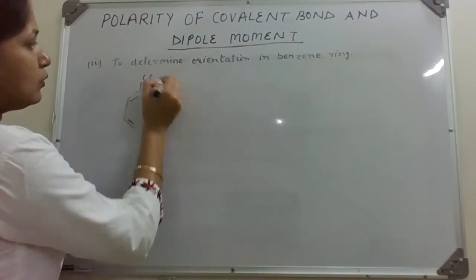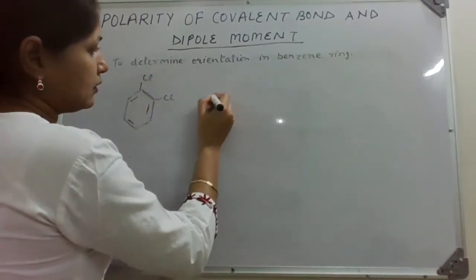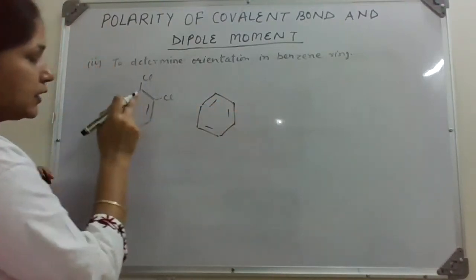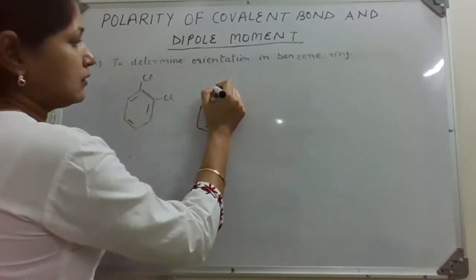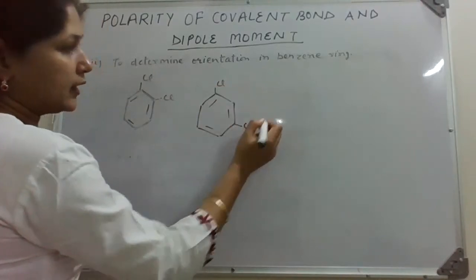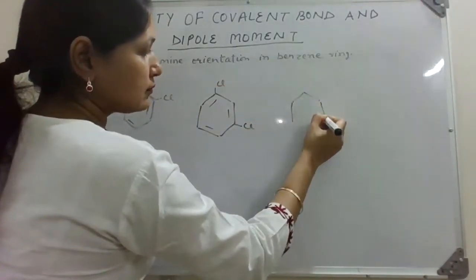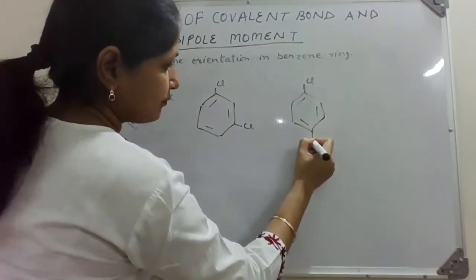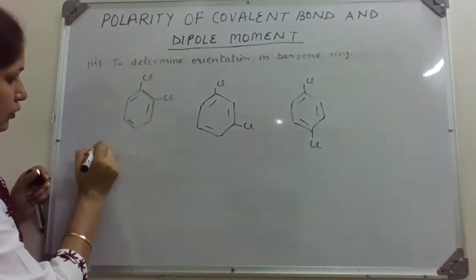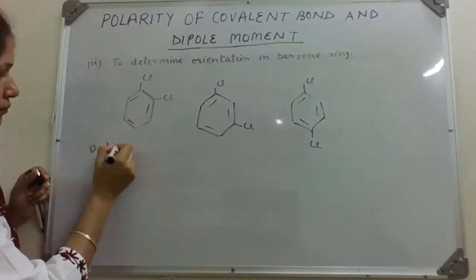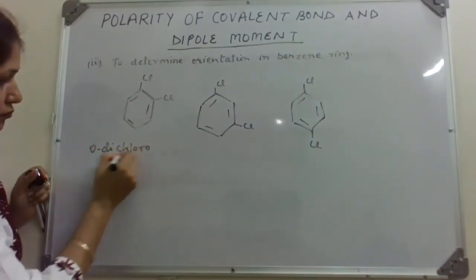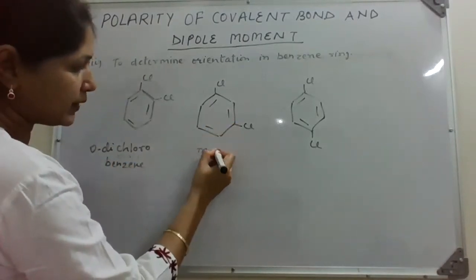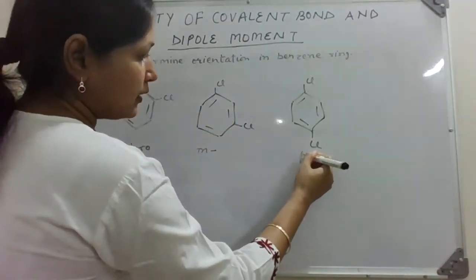For example, I am taking chlorine as a substituent. There are 3 possible structures of dichlorobenzene. This is ortho dichlorobenzene. It is meta dichlorobenzene, and it is para dichlorobenzene.